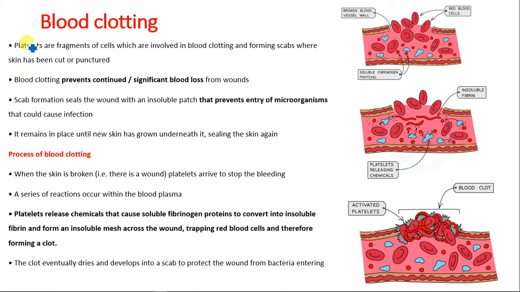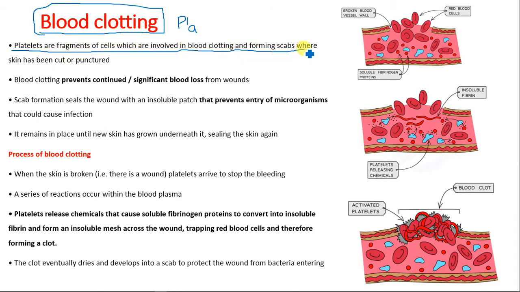Now, next we'll be looking at blood clotting. This is a process that is carried out majorly by platelets. Platelets are fragments of cells which are involved in blood clotting and forming scabs where skin has been cut or punctured.